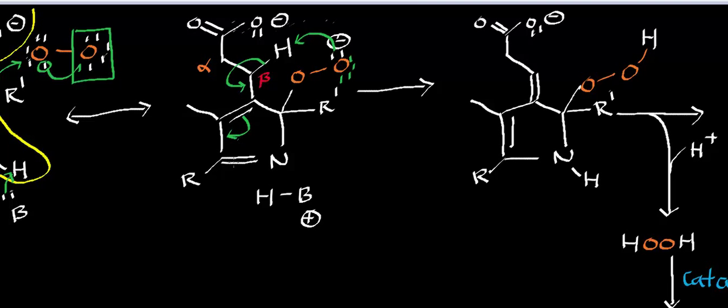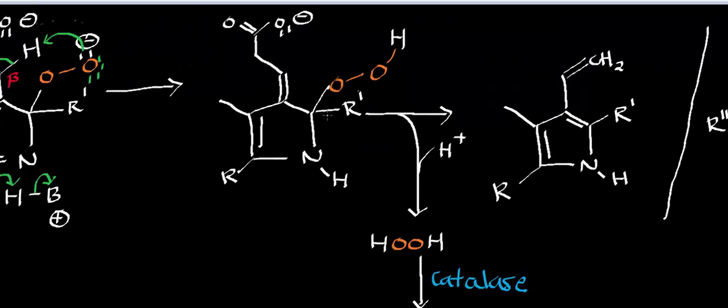And so now this proton that was originally abstracted by the base is returned to the pyrrole ring. And so now we get this adduct right here between what was the pyrrole ring and what's now a peroxy species, okay?